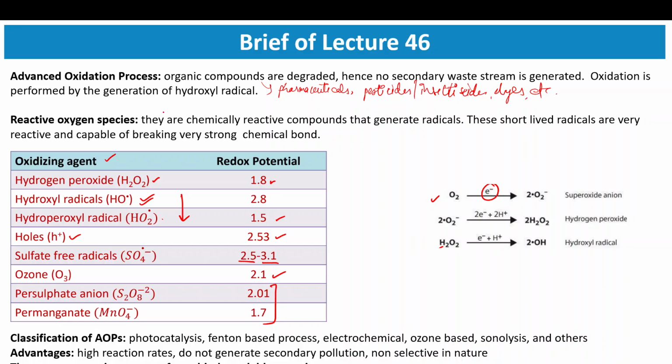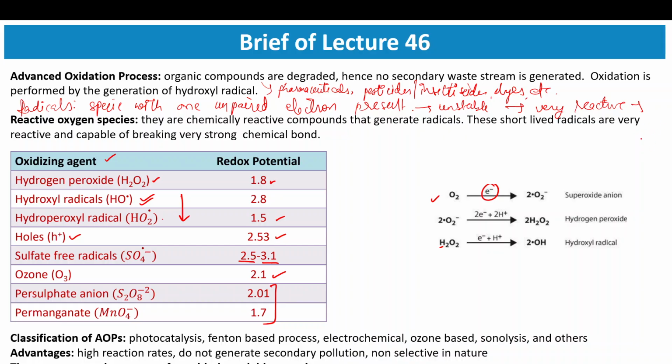So what are radicals? Radicals are nothing but species with one unpaired electron present, right? When there is one unpaired electron, it is highly unstable because it has a very high tendency to accept one more electron so that its orbital is complete, and that is why it's very reactive and very short lived.